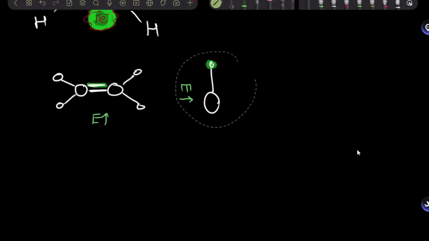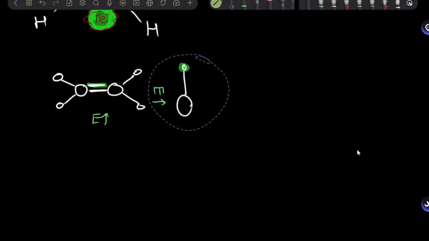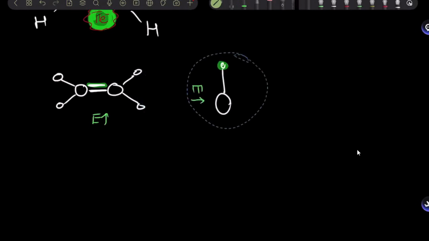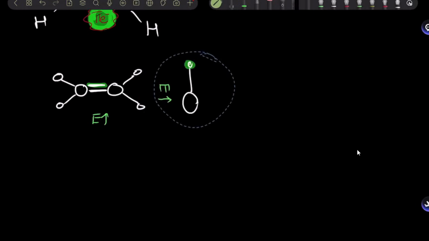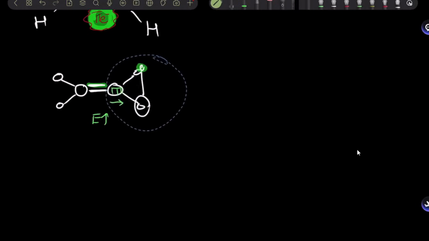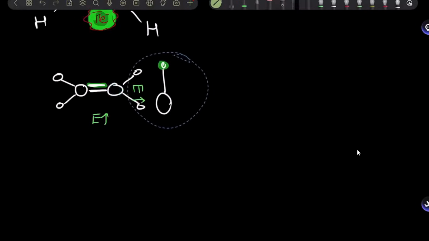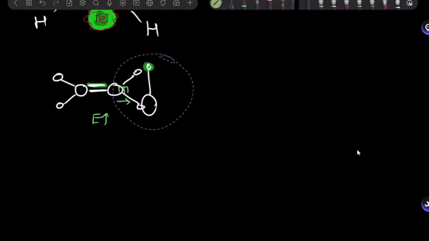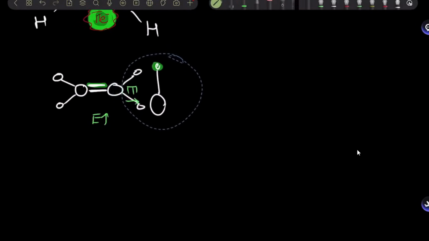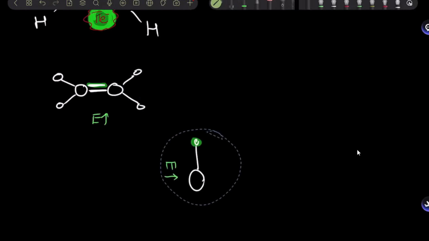Now, do you think this collision is going to result in a product? Nope. Not like this, because it's colliding with these hydrogen atoms. The hydrogen atoms from ethene, that's what the hydrogen and the chlorine are colliding with over here. This is not the correct orientation either. Is this the correct orientation?